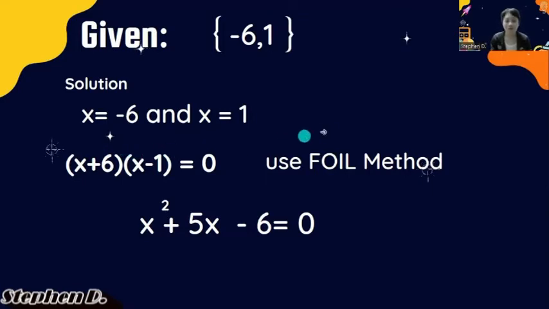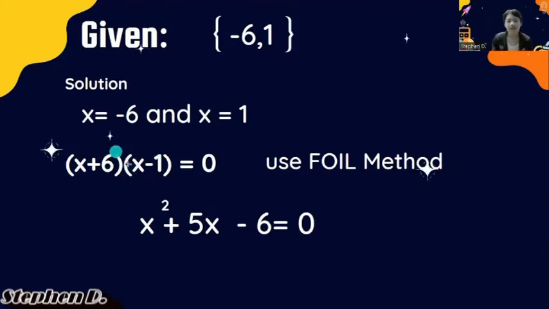Now we use the FOIL method. Again, that is multiply the first terms. Our first terms are x and x, so x times x is x squared. Multiply our outside terms, which is x times negative 1, we get negative x. And then the inside terms, 6 times x, 6x.